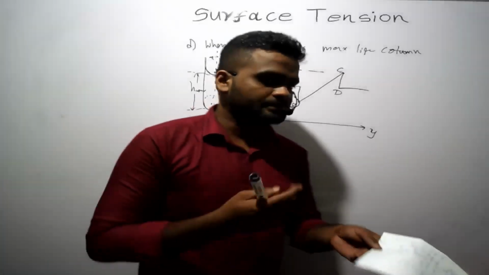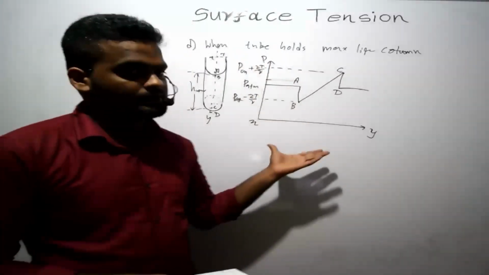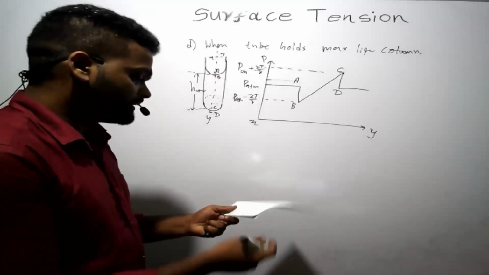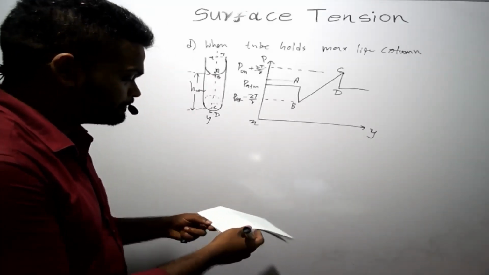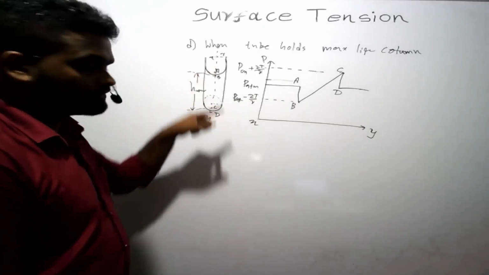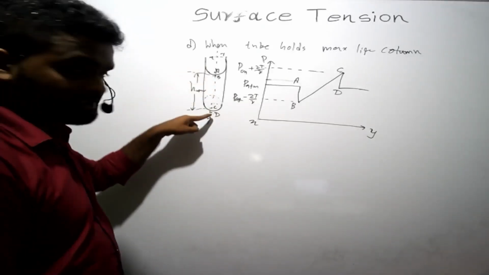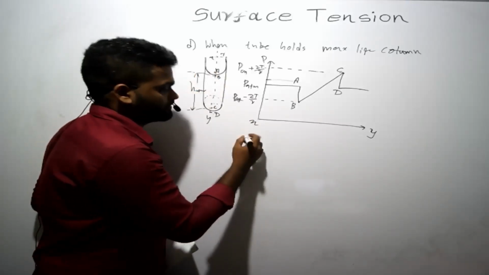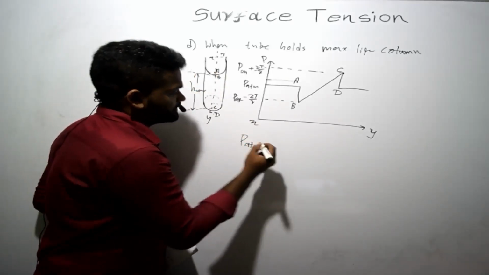Okay, let's do a pressure balance. There's a special point to this one. You have to learn that as well. I'll do a pressure balance, right? So I'm going to go from here to D, from point A to D, right? So what's the pressure at point A? Atmospheric pressure.